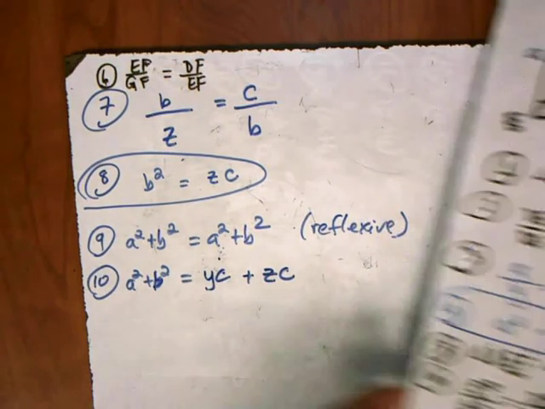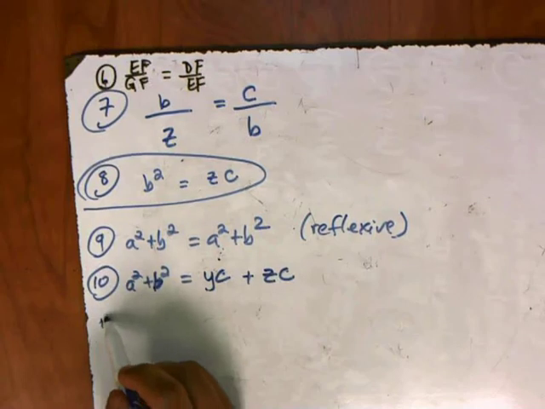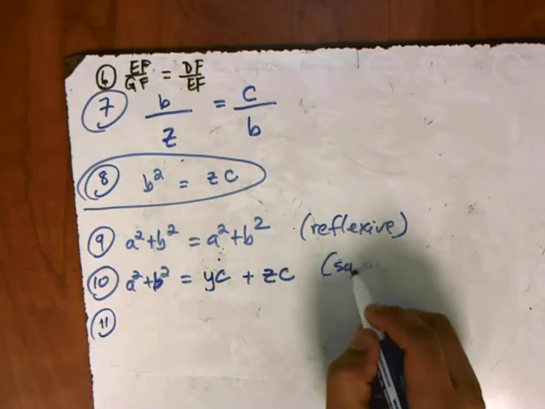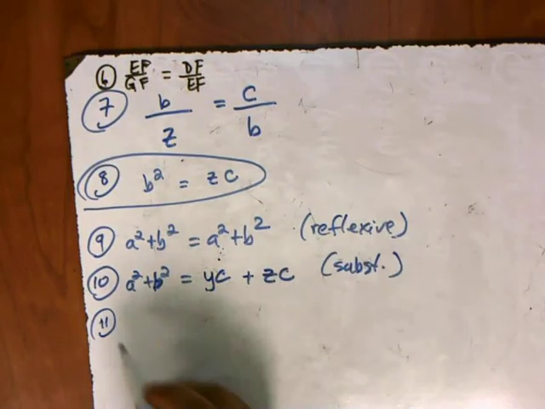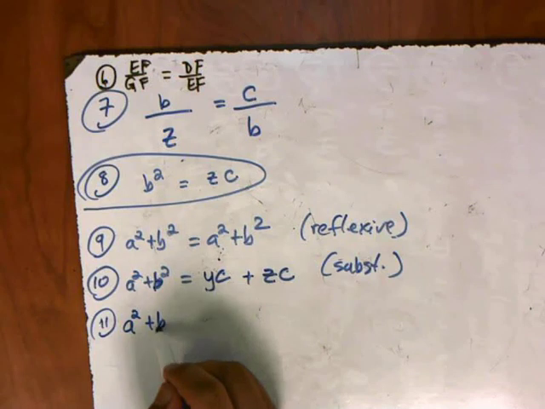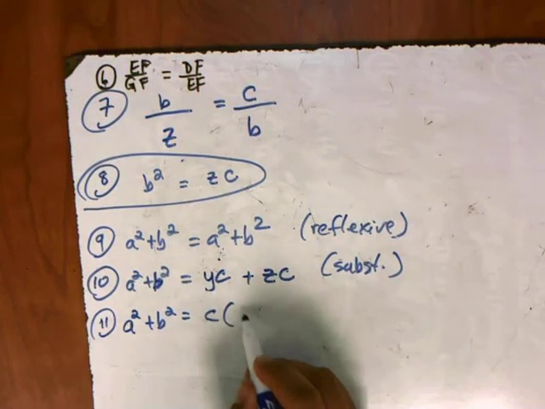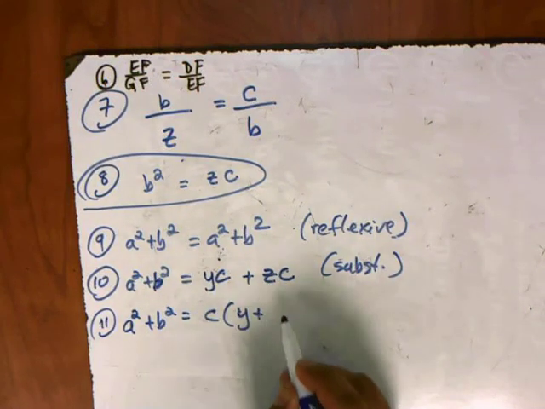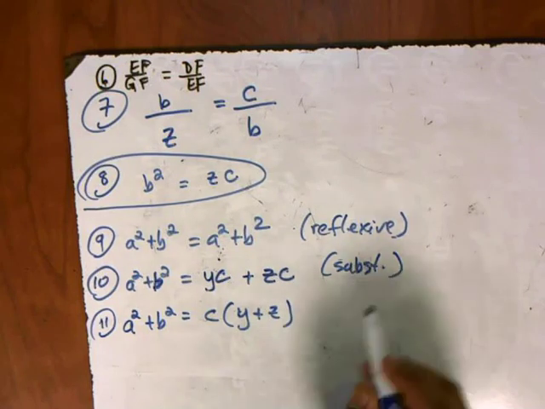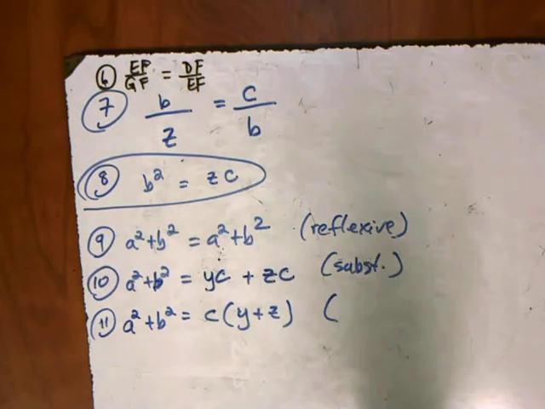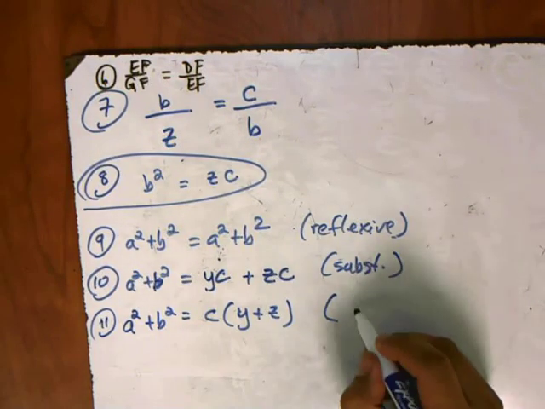Let me set this aside for a minute and do a little bit of work here. So this is substitution. On the left, I have A squared plus B squared. On the right side, I'm going to factor out C, and that leaves me with Y plus Z. So this is factoring.